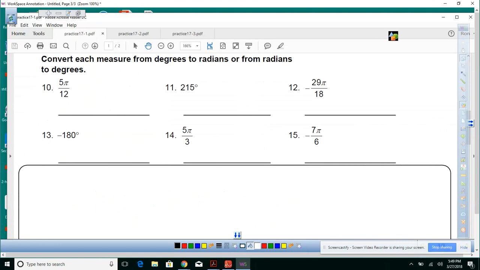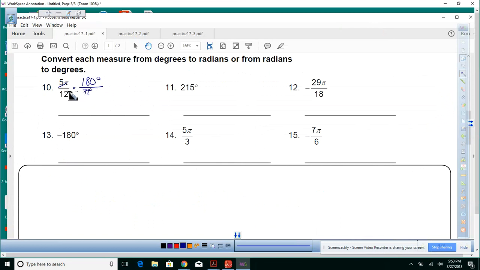Number 10: convert from degrees to radians or from radians to degrees. So I've got 5 pi over 12. I'm going to have to multiply that by 180 degrees over pi. All right, so my pi's are going to cancel out.